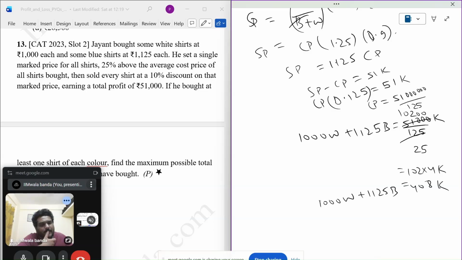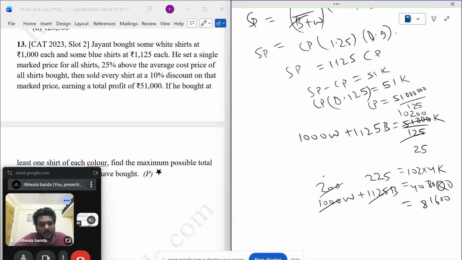102. So that's right. Let's try to do it with 5. So 200, 5 2s are 10, and this is 408000. So 8 5s are 40, 7 5s are 35, 6, 7, 8, 3600.